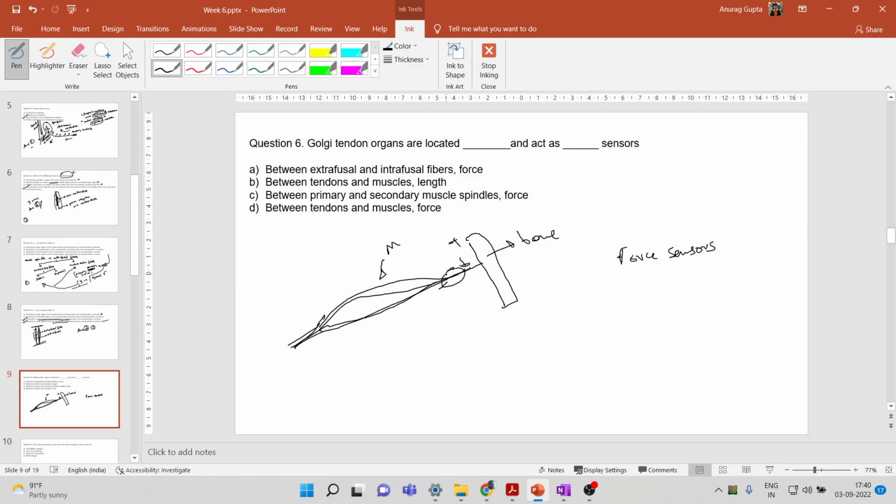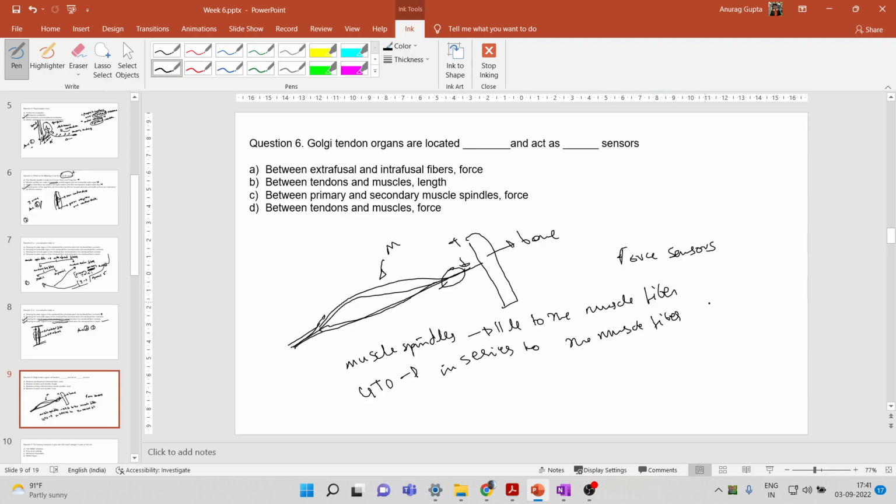If you zoom in at the junction between the muscle and the tendon, that is where the Golgi tendon organs are connected in series. We should recall that muscle spindles are connected in parallel to the muscle fiber, whereas Golgi tendon organs are connected in series to the muscle fiber and the tendon.